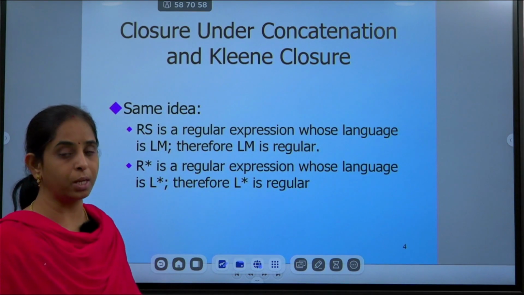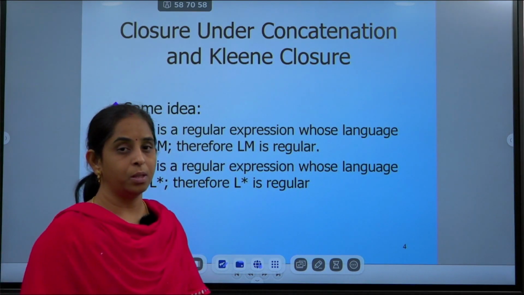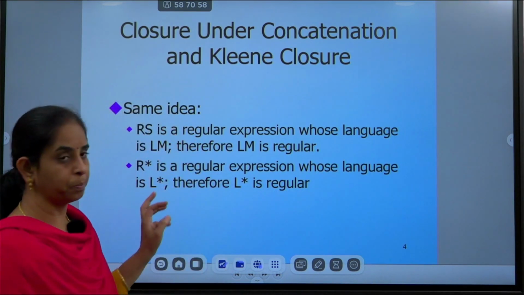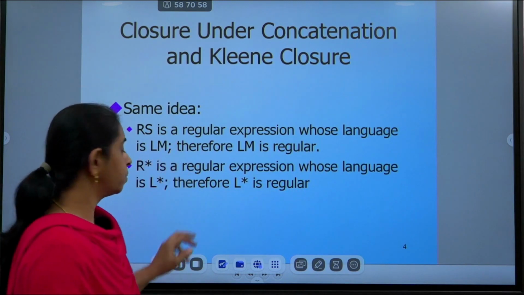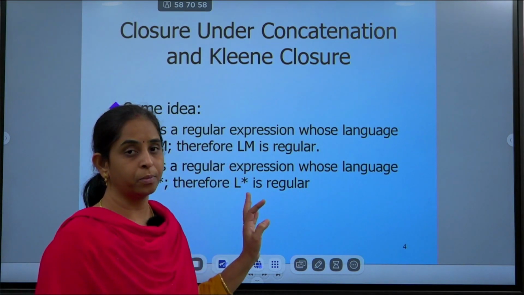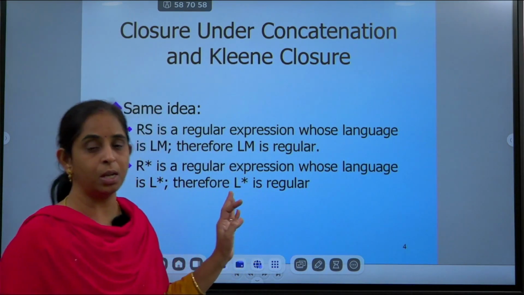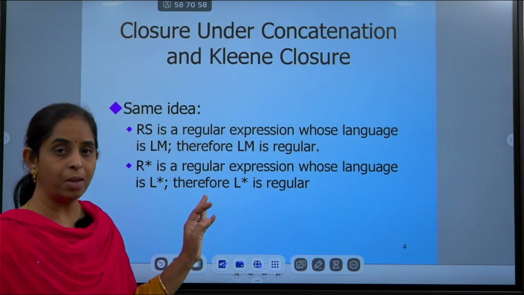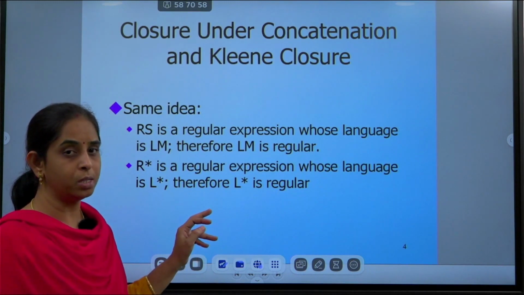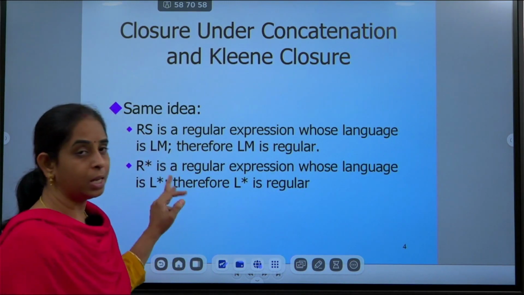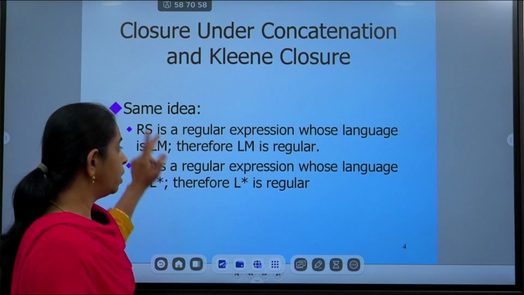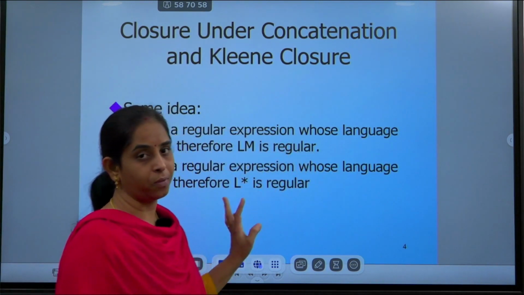We have two regular expressions R and S, where the language of R is L and the language of S is M. When we apply concatenation, R into S, the language is L into M. Just as union gives R plus S with language L union M, concatenation gives R into S with language LM. Here we are applying the dot operation, that is concatenation, so LM is also a regular language.